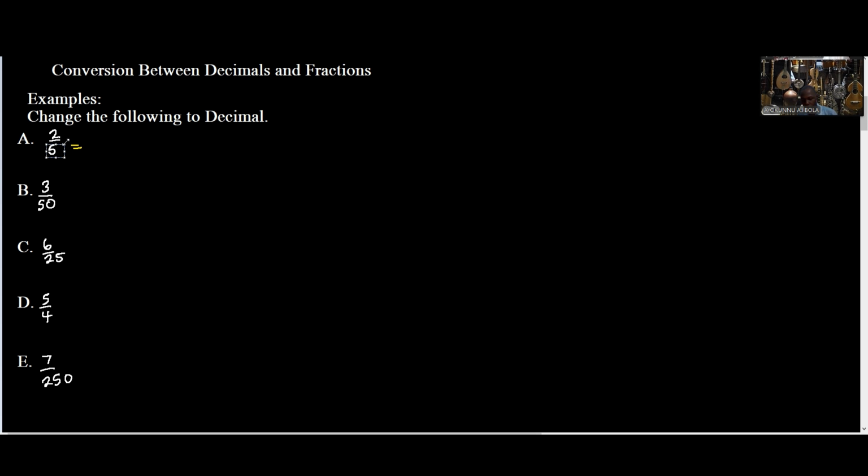Yep. Let me rewrite the 5 so that you can see very well. So this is 2 over 5. You ask yourself a question. Can 5 divide 2? The answer is no. That's a 0. Okay. Then you put an imaginary 0 behind that 2. That makes 20. So how many 5 is in 20? That'll be 4. And that's the answer.